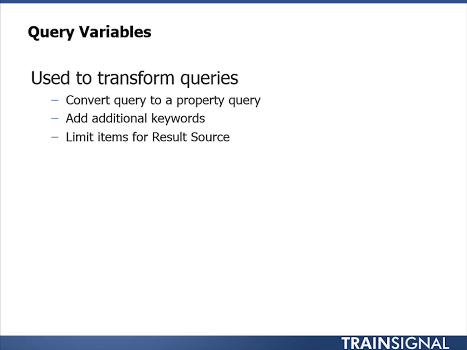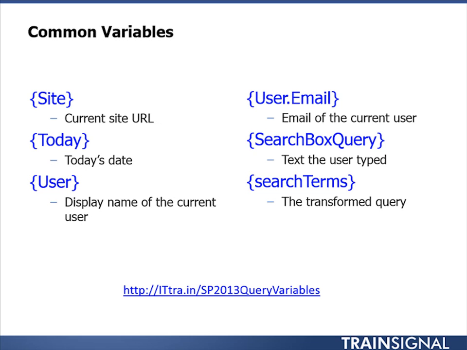So if we want to take a query and convert that to something else, maybe automatically add on a property query, if we want to set up some additional keywords, if we want to limit items and only look for items inside of a particular location, then we have that capability.